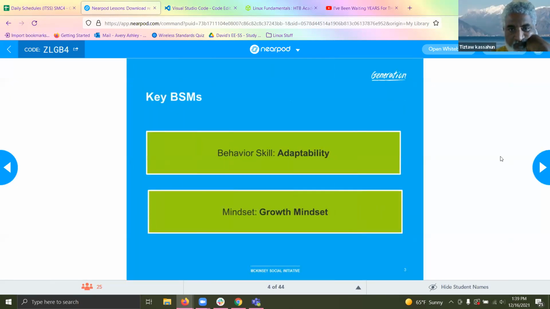And our key BSMs, Jerusalem, will you take these? Adaptability, behavior skill, adaptability, mindset, growth mindset. Perfect. Thank you. So we need to be very adaptable when talking about networking.